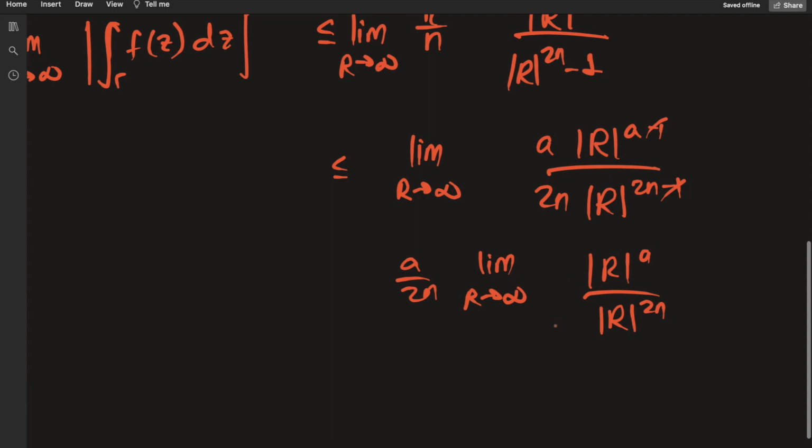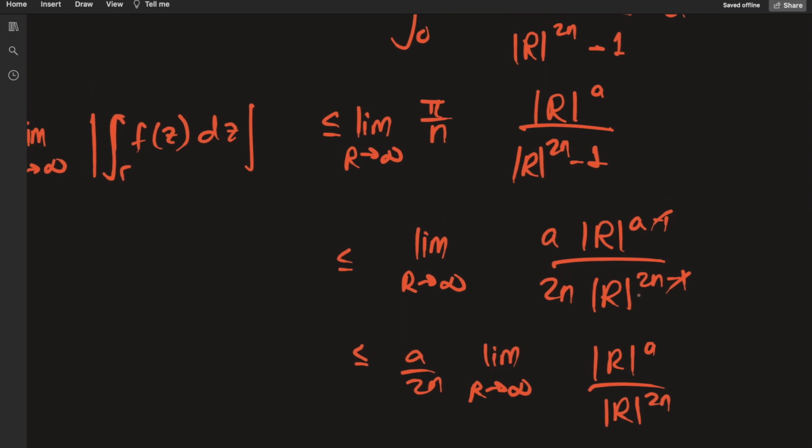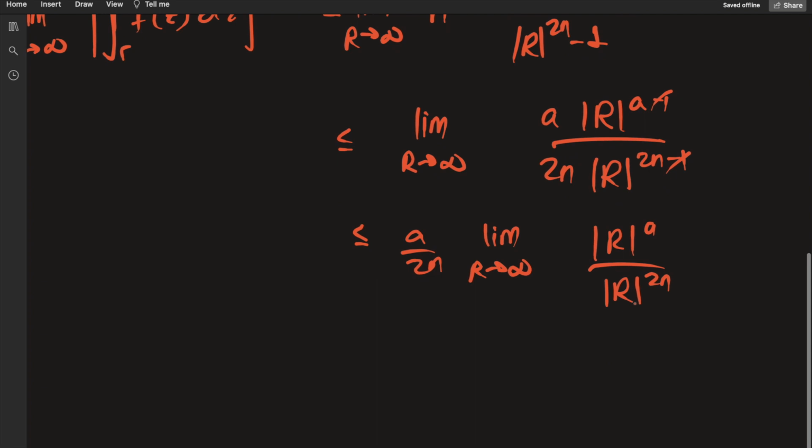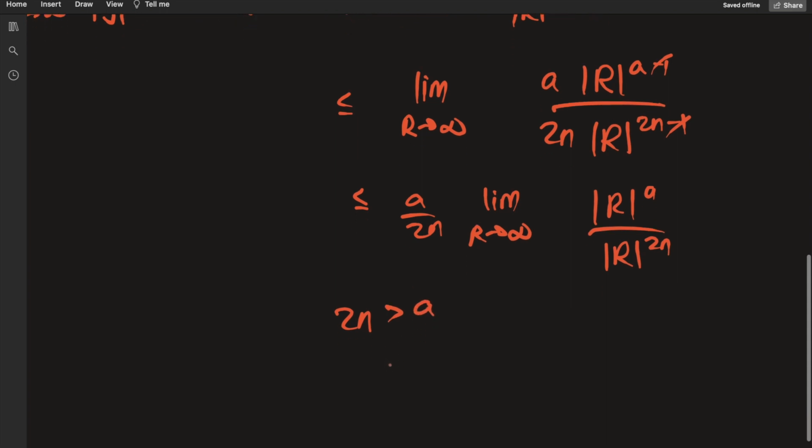So you see, this process is going to basically repeat itself until the condition is satisfied: the power on the denominator should be strictly greater than the power in the numerator.